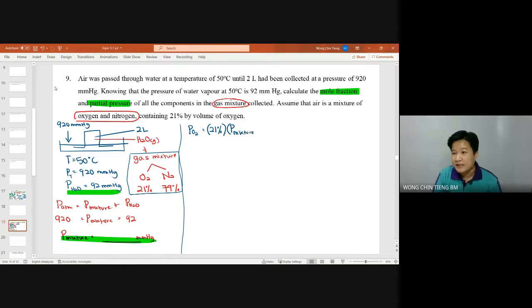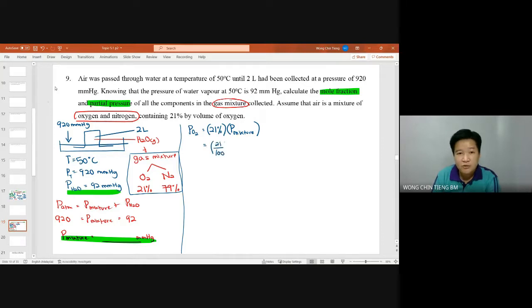Yang ni kena hati-hati. Tak boleh ambil atmospheric pressure, sebab atmospheric pressure ada kandungan air. Kat sini kita darab terus dengan 21% sebab 21% of that mixture adalah oxygen. So partial pressure kena berhati-hati kat sini.